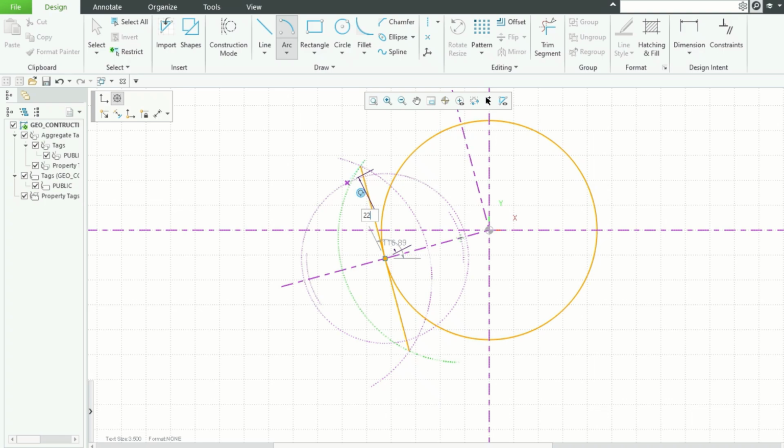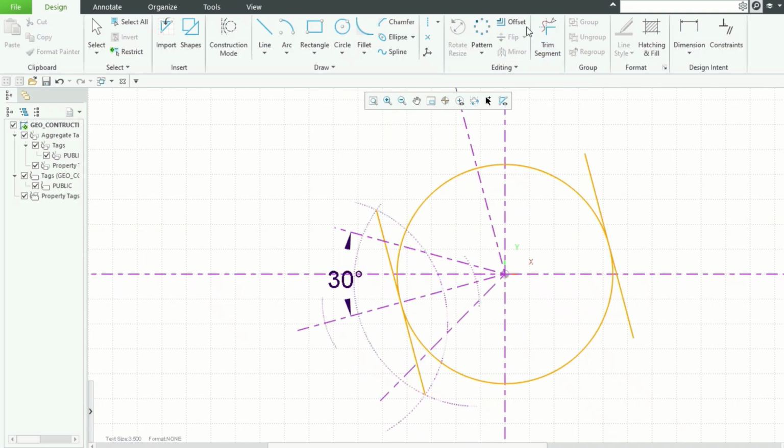Now we have to draw a line or rotate the line, and let's mirror these two also. These two mirror with respect to that. We got all the intersection points. This point to this.